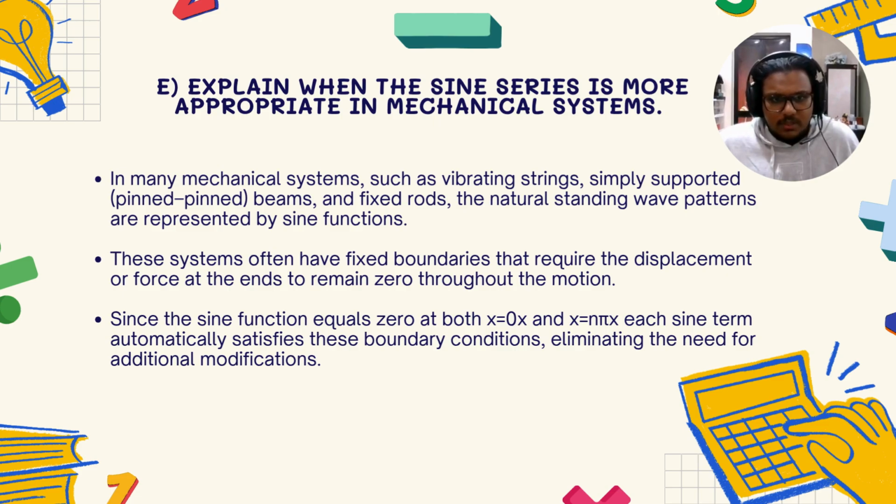These systems often have fixed boundaries that require the displacement or force at the end to remain zero throughout the motion. And since the sine function equals 0 at both x equals 0 and x equals π, each sine term automatically satisfies these boundary conditions, eliminating the need for additional modifications.